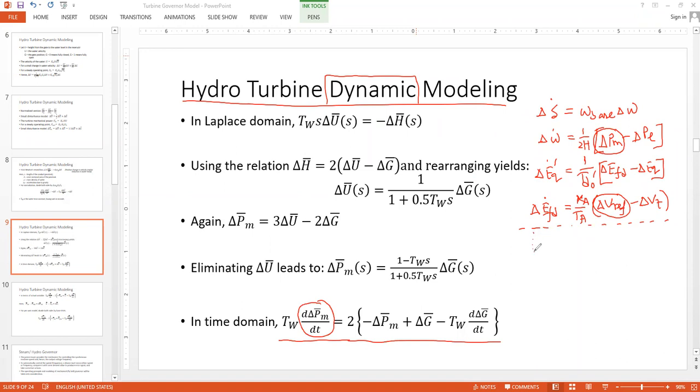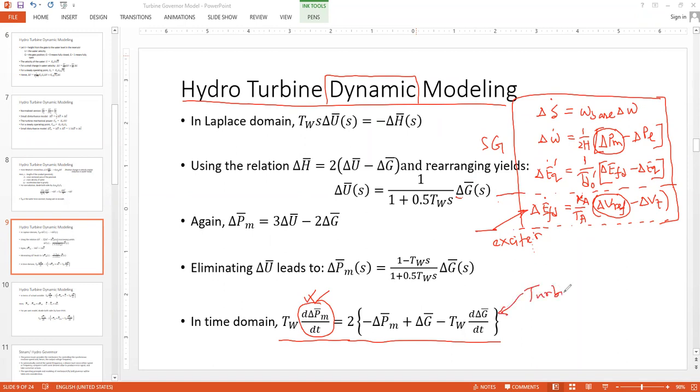So if we include the hydroturbine dynamic model along with the fourth order model, the first three belong to the synchronous generator, the fourth one is the exciter, and this is the turbine. So these are SG states, and these are the 5 state variables.